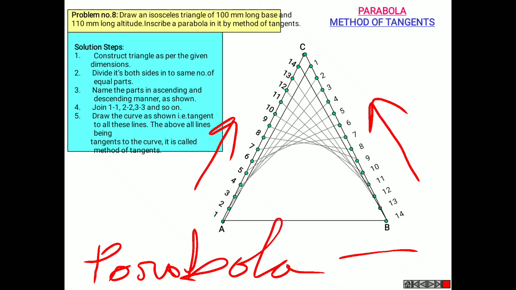Now since it is a method of tangent, you need to draw a tangent line to all these lines. Draw a tangent to all these lines in order to obtain your required parabola. See, this is your required parabola. Is it clear?